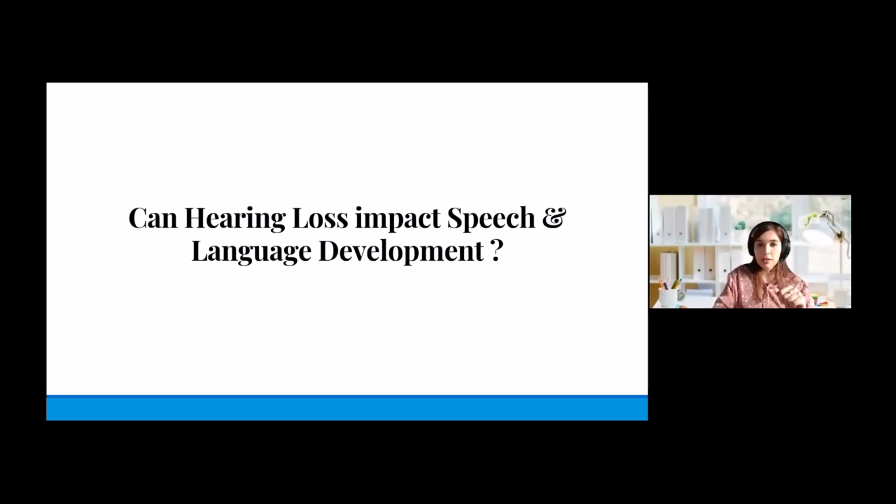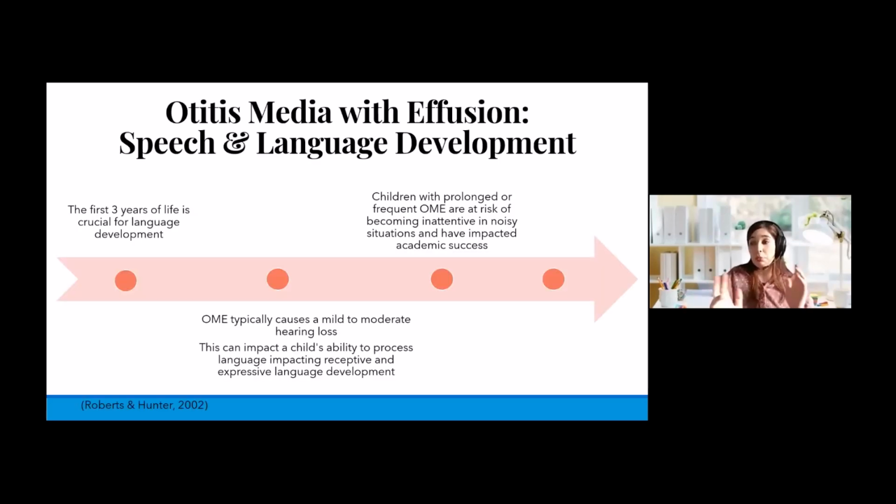Okay, so what we'll do now is we'll get into the speech and language therapy aspect of it, and discuss the impacts that otitis media can have on speech and language development. So one of the main reasons that you provide intervention to children who have otitis media with effusion is to prevent developmental consequences.